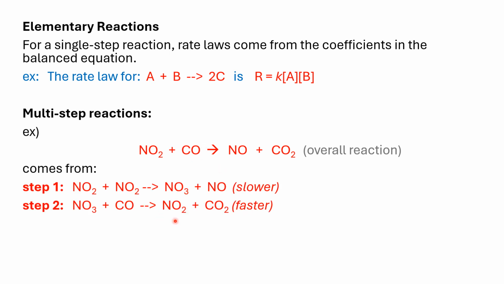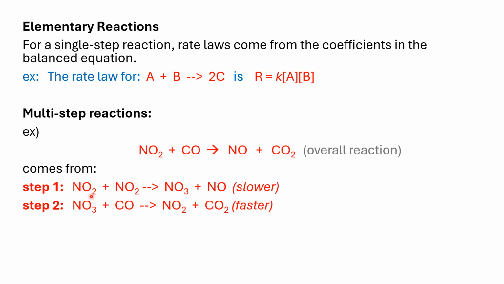So if you're given these two steps, for example, NO2 plus NO2 yields NO3 plus NO, and we'll talk about the speed of each step a little later, and then NO3 plus CO yields NO2 plus CO2. It happens in these two steps.